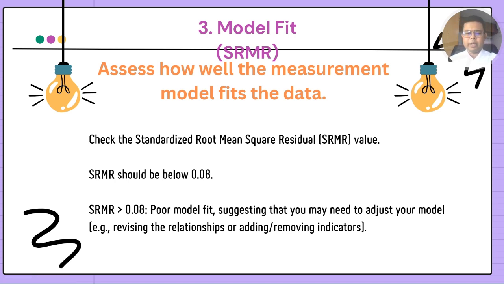In many cases, I noticed that a value less than 0.09 is also fine. But if the SRMR value is greater than 0.09, then you need to rethink your model, as it is not fitted at all.